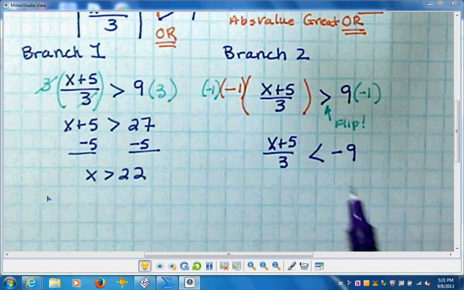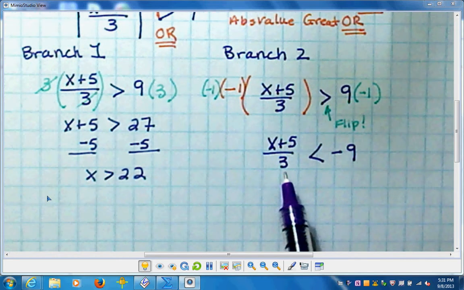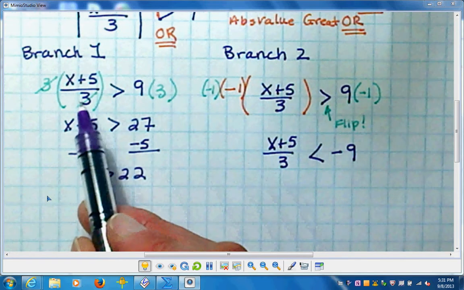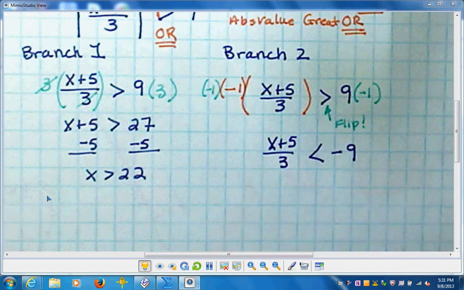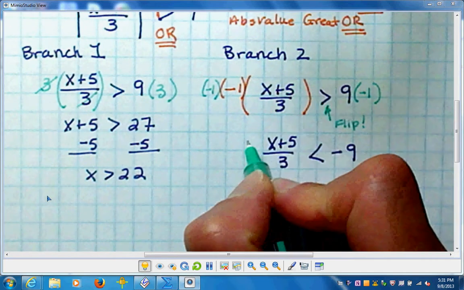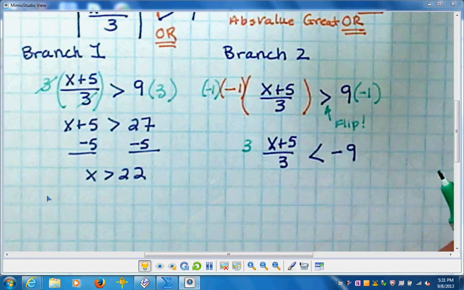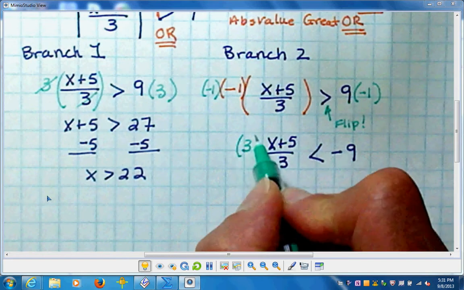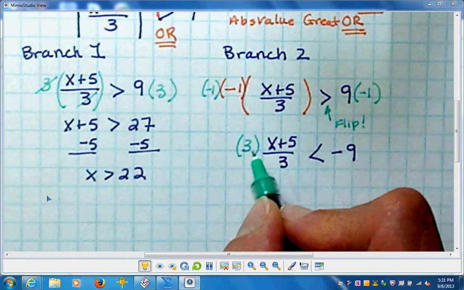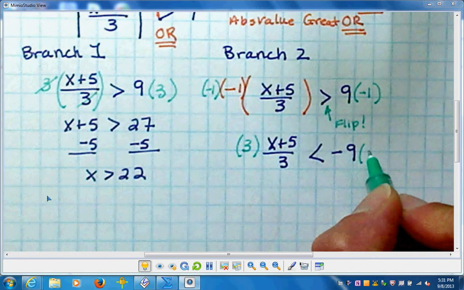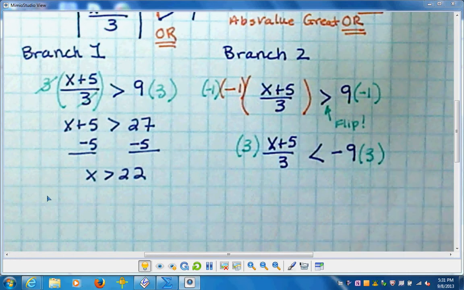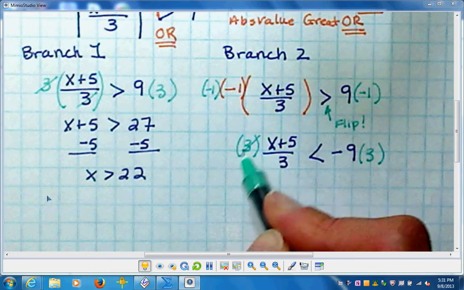Now I want to get that 3 out of the denominator. I'm going to do the same thing I did over here. I'm going to multiply it by its reciprocal. So the reciprocal of 3 in the denominator is 3 in the numerator. 9 is already in the numerator, so we're cool there. So remember, this divided out to 1.